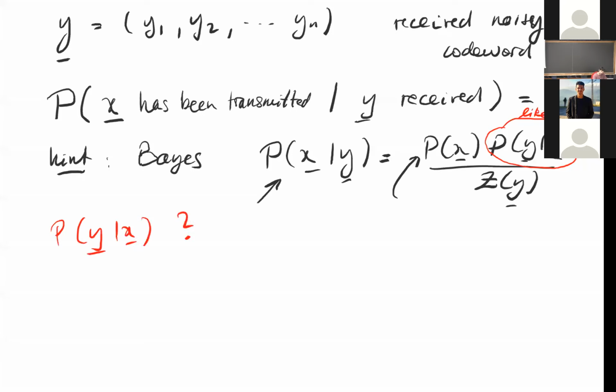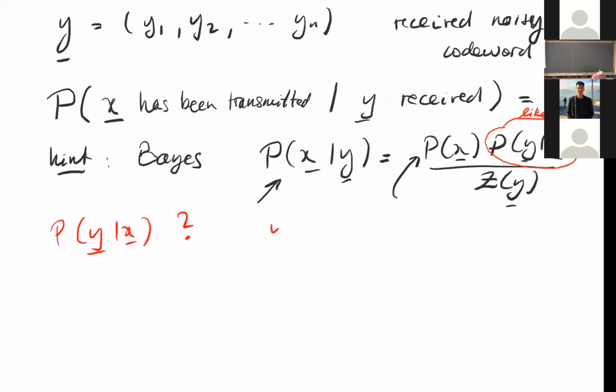What you have to think about is that I told you the rule of how a given entry of Y is generated conditioned on the given bit.